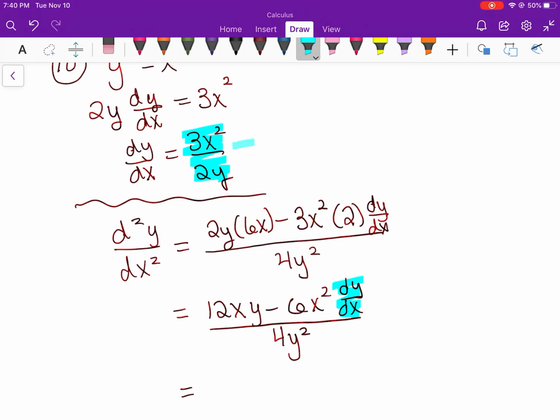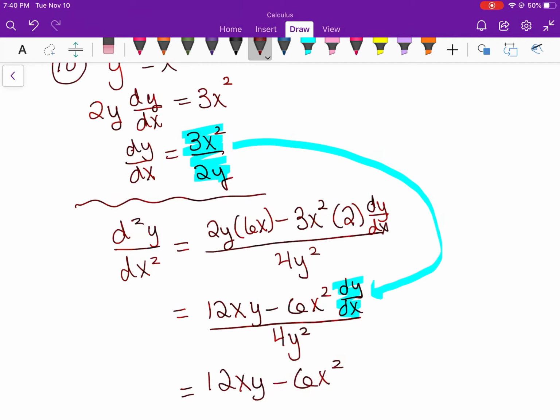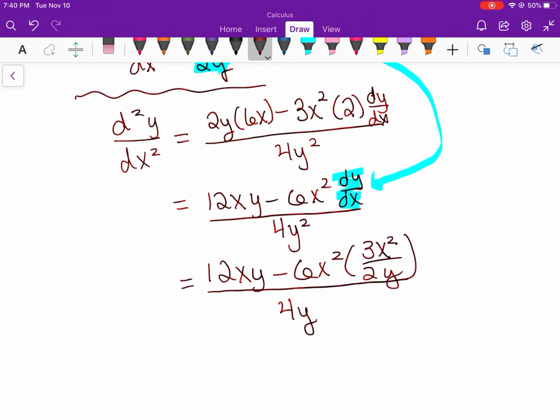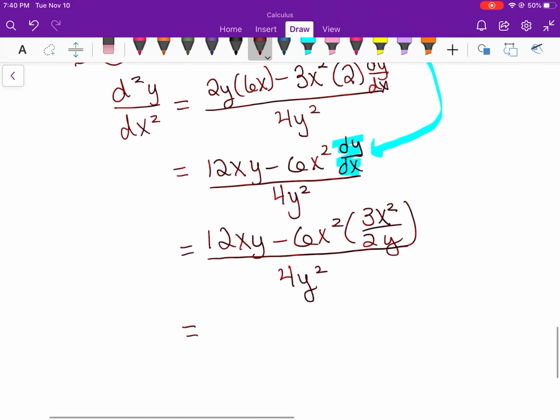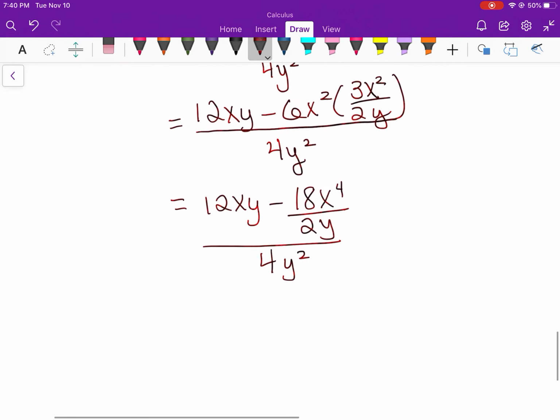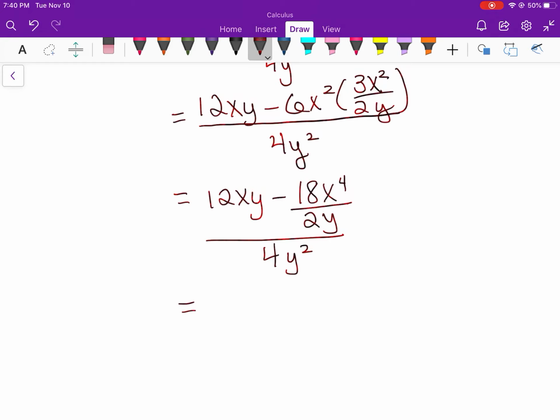So I'm going to take that and put it in right here. And then I'm just going to clean it up. So I'm still cleaning things up.